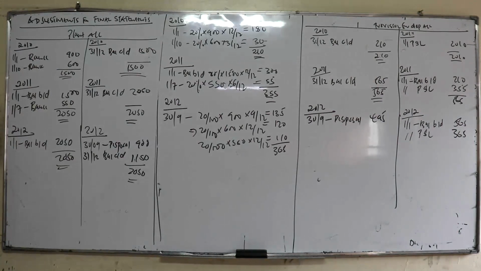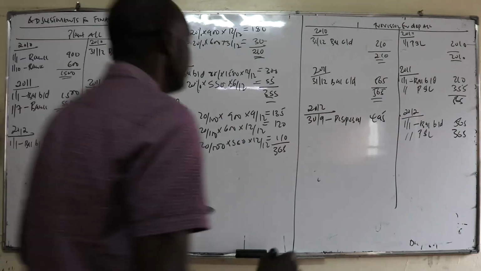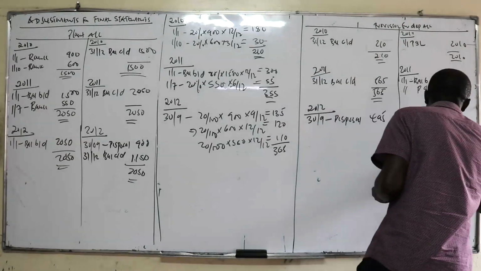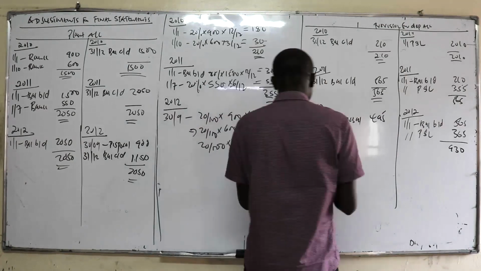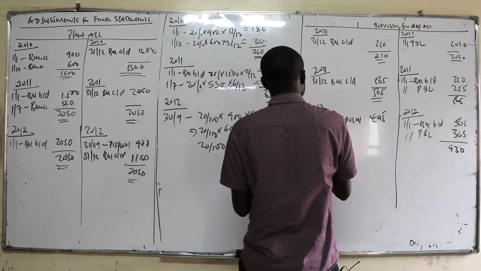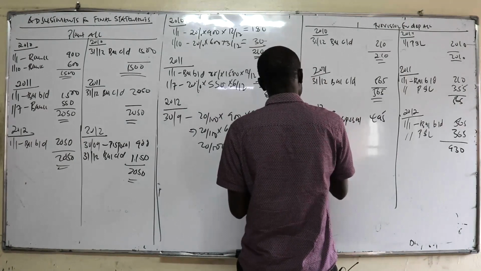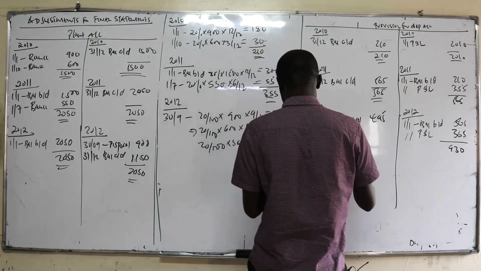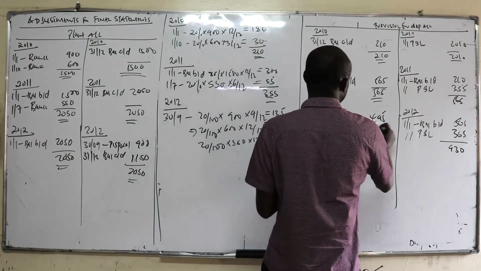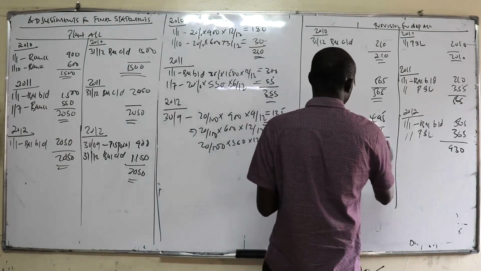Now we add the 565, the balance brought down, 565 plus 365, the charge for the year, which is 930, isn't it? Yes. And then we minus 495. So the balance carried down on 31st December is going to be 435. I don't know whether you have understood there.